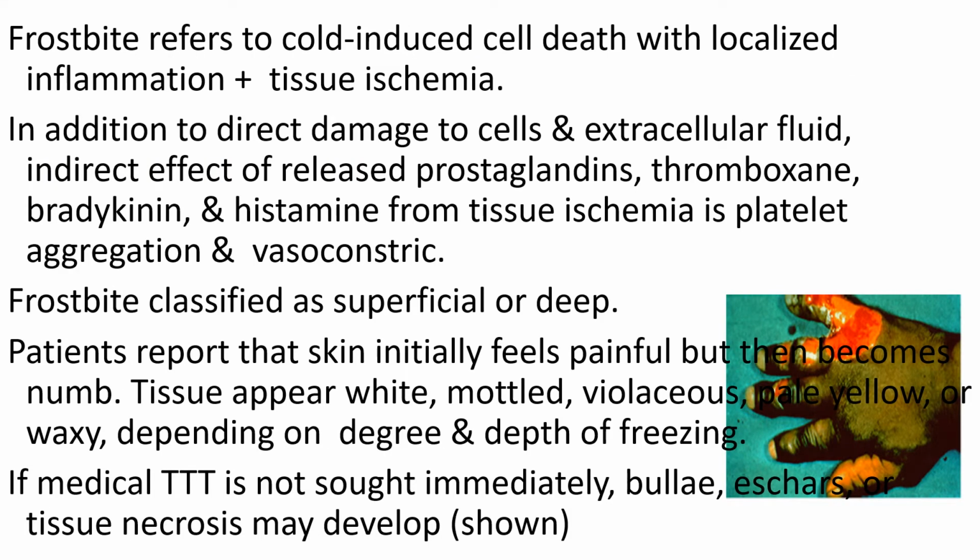Frostbite refers to cold-induced cell death with localized inflammation plus tissue ischemia, as shown in the photo. In addition to direct damage to cells and extracellular fluid, there is an indirect effect of released prostaglandins, thromboxane, bradykinin, and histamine from tissue ischemia, with platelet aggregation and vasoconstriction.